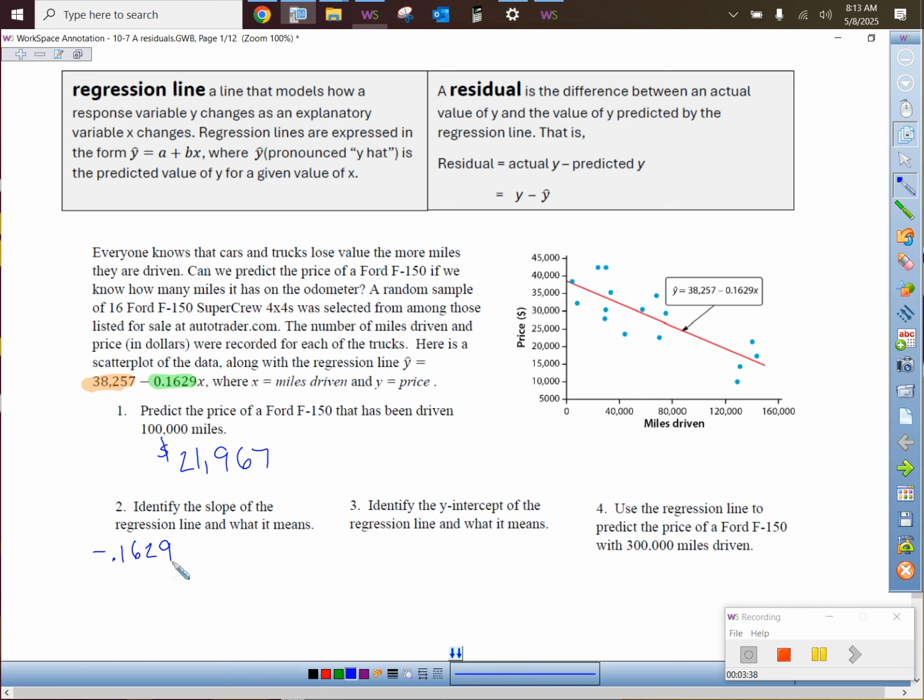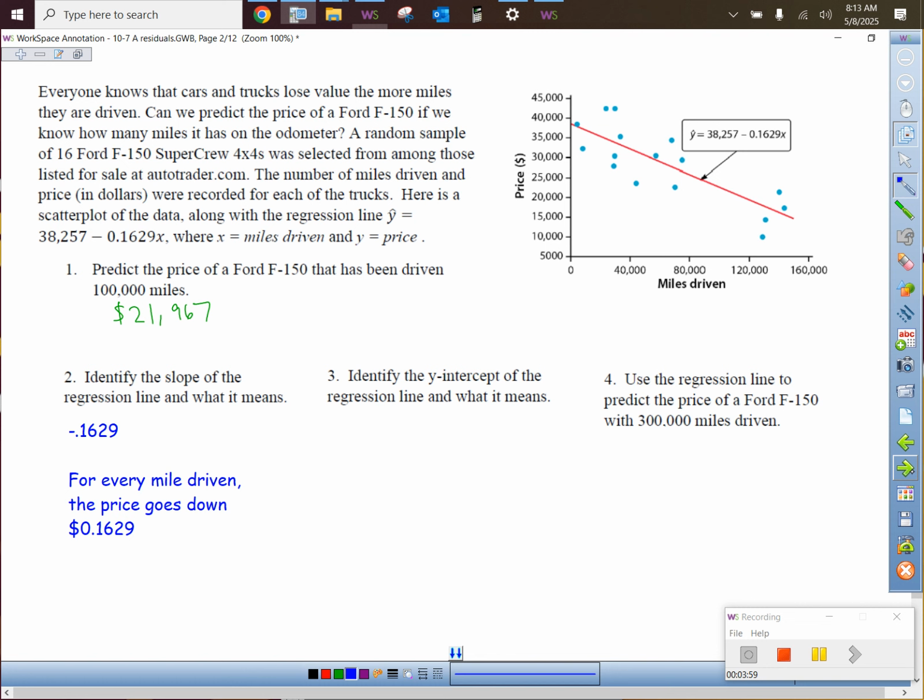But what does it mean? First off, what does the negative mean? This thing's going down. What does X stand for again? How many miles driven. And Y is the price in dollars. So how do you feel about this: for every mile driven, the price goes down $0.1629.